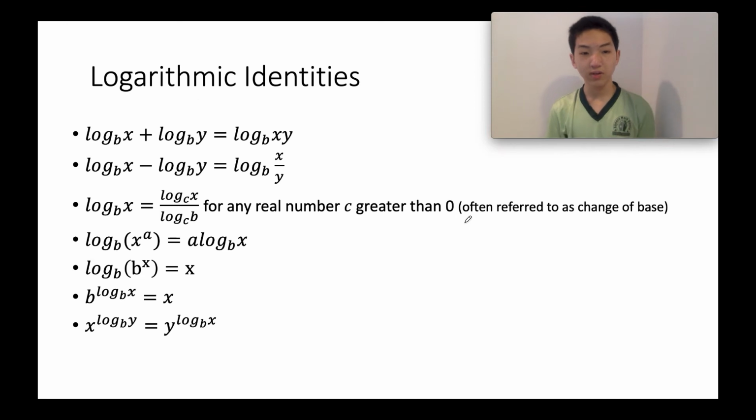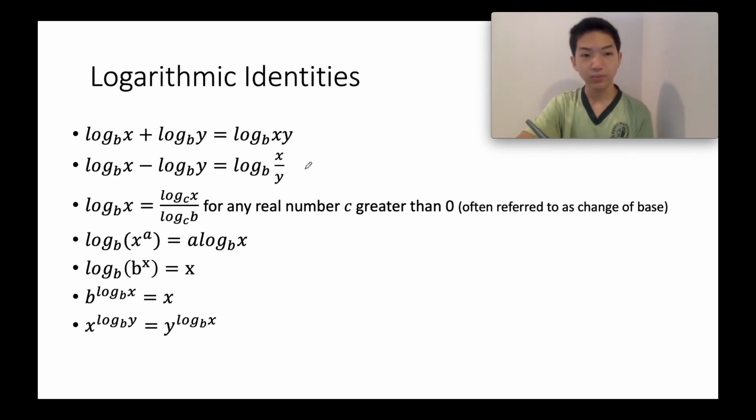So next we have log base b of x minus log base b of y is equal to log base b of x over y. So this is once again the inverse to the division exponential identity.